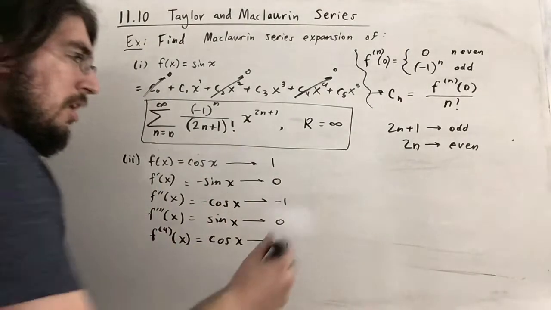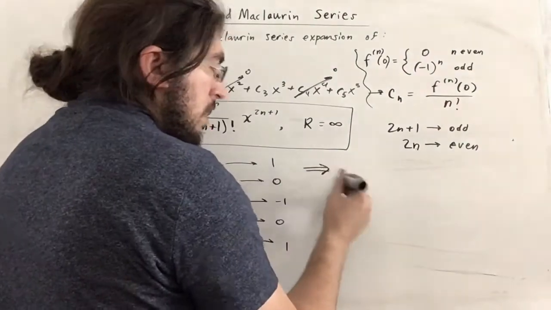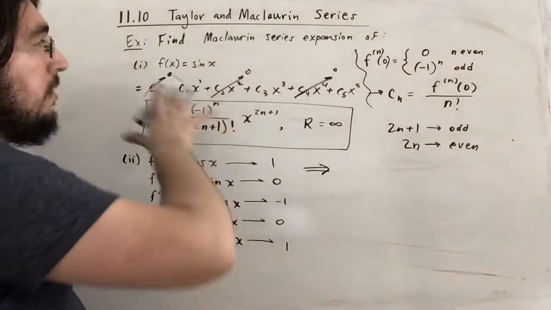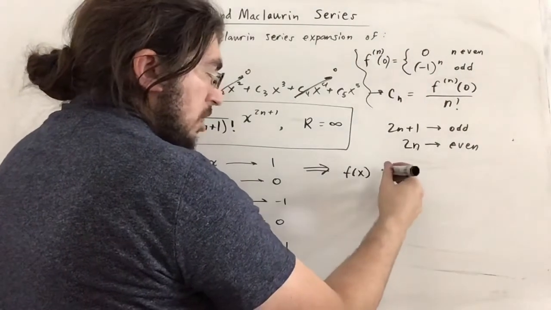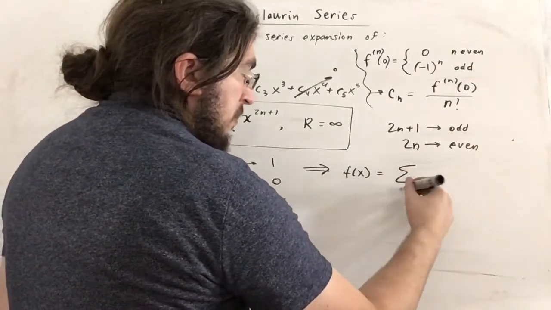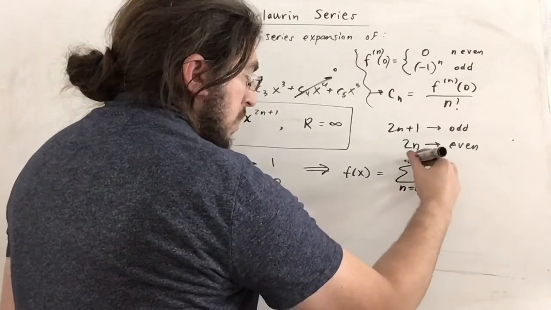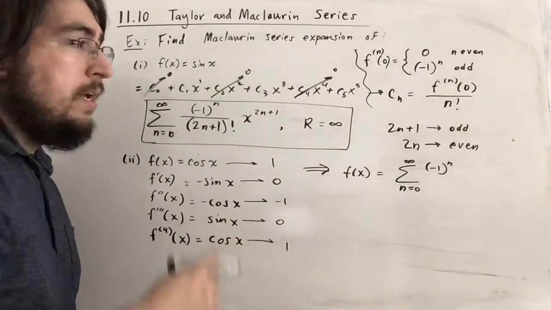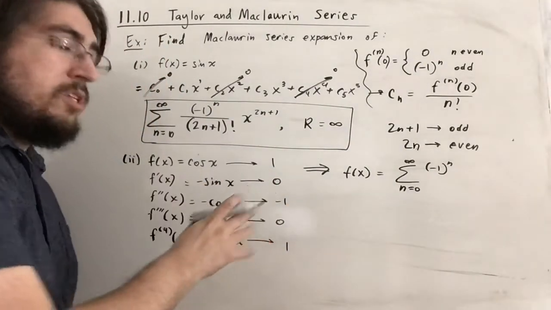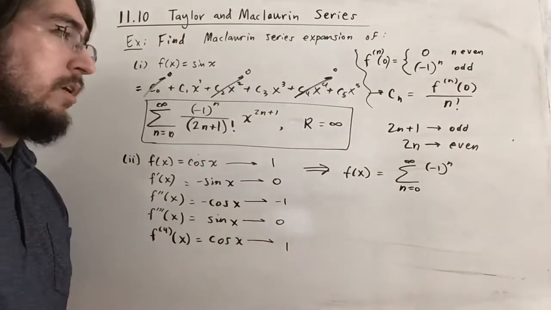So just to make a long story short, similar to what we did over here for part 1 of this example, we'll get that f of x, which is cosine of x, is the sum from n equals 0 to infinity of negative 1 to the n, because it's alternating in sign, only over the even terms now, because the even terms are the ones that are non-zero.